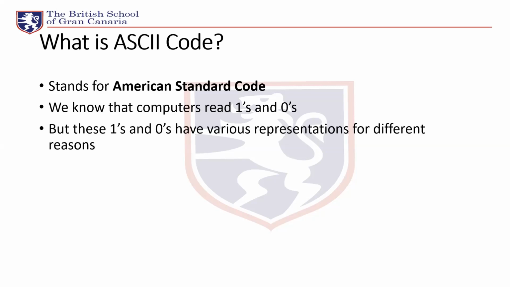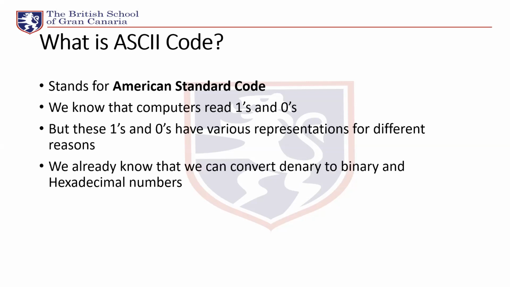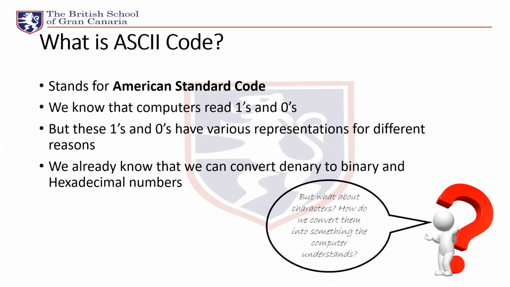They could be represented as binary, ASCII, binary coded decimals, machine code, and so on. It's all ones and zeros that are just interpreted in various different ways. We already know that we can convert binary to denary, and then there's hexadecimal numbers as well, which we'll go through in another lesson. But what about the characters?